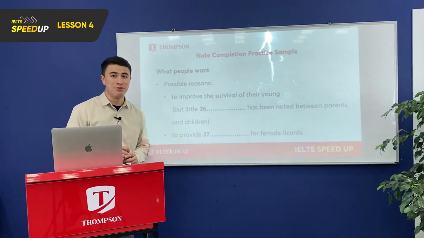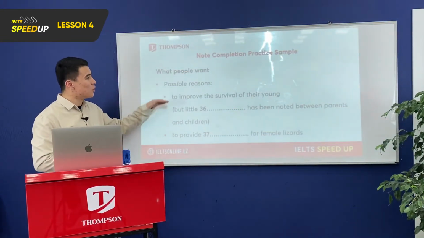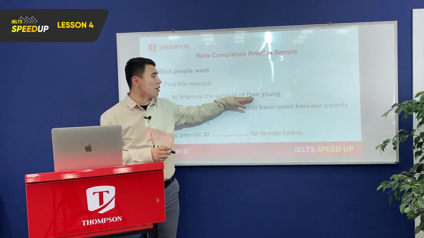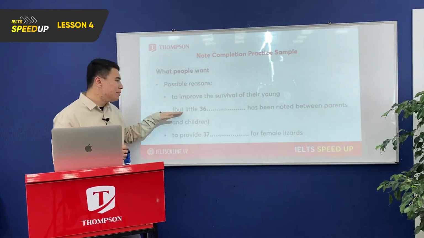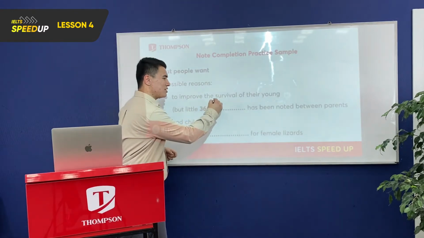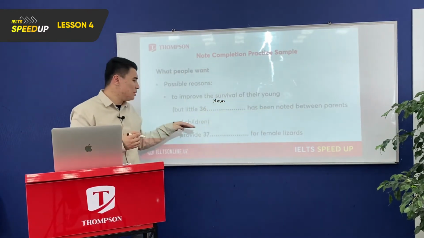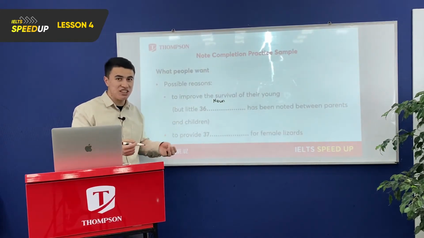So, let's move to the next part here. We have possible reasons to improve the survival of their young, but little something. So we have a noun has been noted between parents and children.